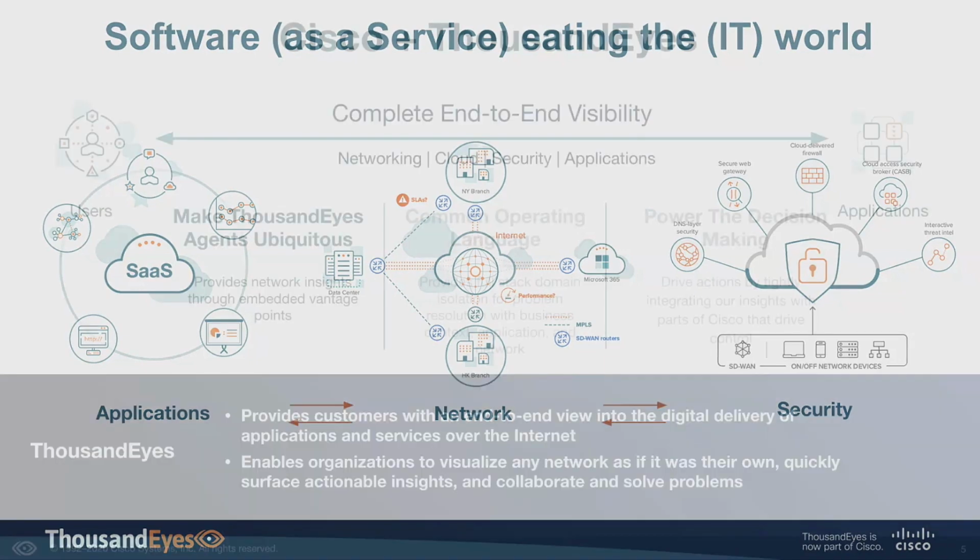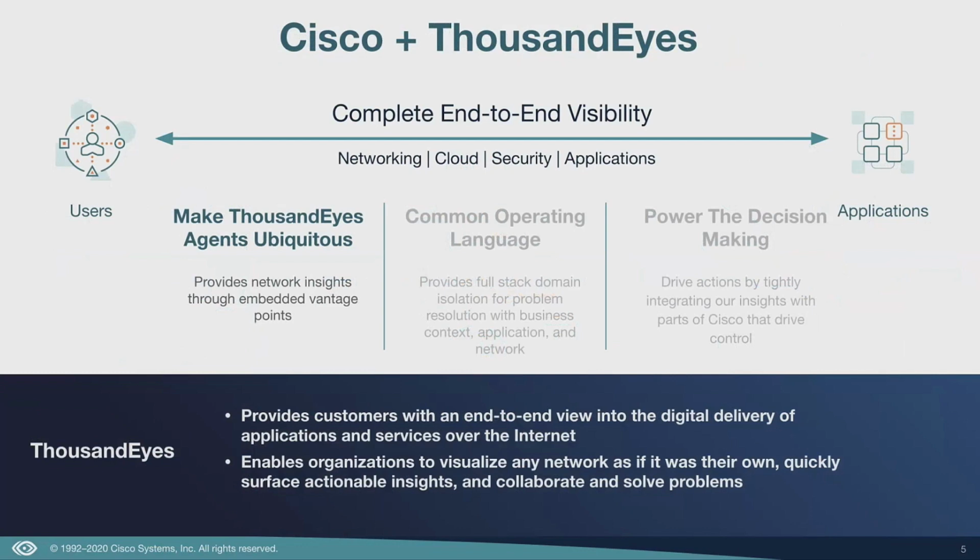Now, obviously, as Tom mentioned, we are now part of Cisco, and that mission continues. We see a tremendous amount of value that we think we can provide customers. But now that we're part of Cisco, there's value in being able to leverage the overall Cisco ecosystem to further accelerate how we can provide access to the visibility that ThousandEyes provides.